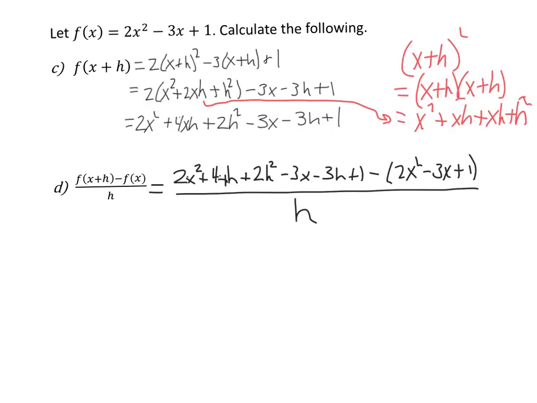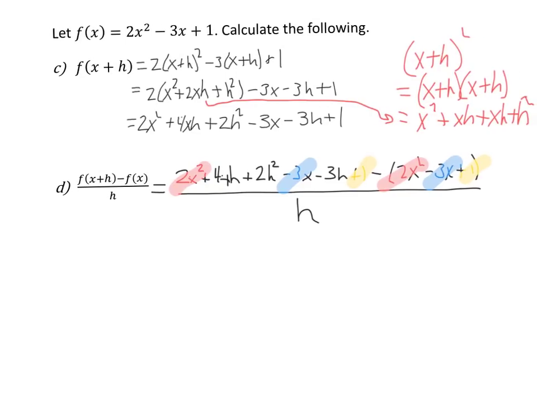But check this out. The 2x squared at the beginning and the minus 2x squared in the parentheses, they cancel out. The minus 3x from the beginning and subtracting a negative 3x in the parentheses, they cancel out. A 1 minus a 1, they cancel out. Okay, now that everything's canceled out, we have 4xh plus 2h squared minus 3h all over h.